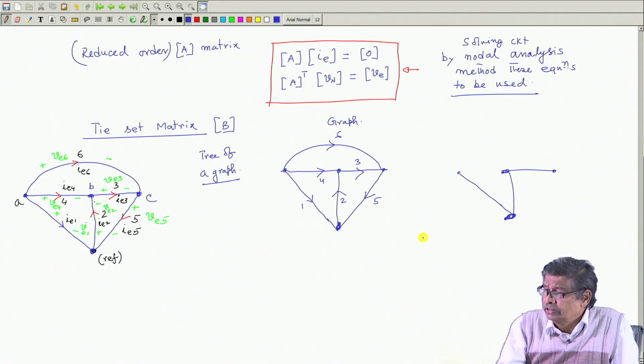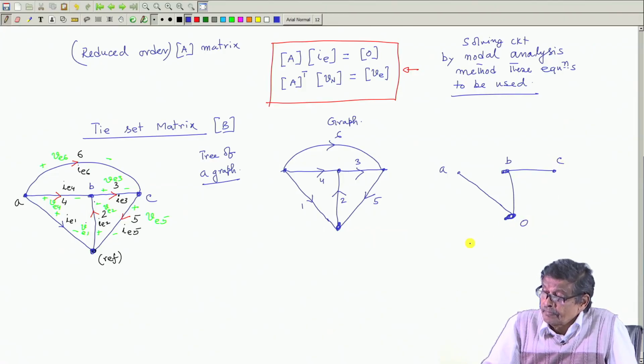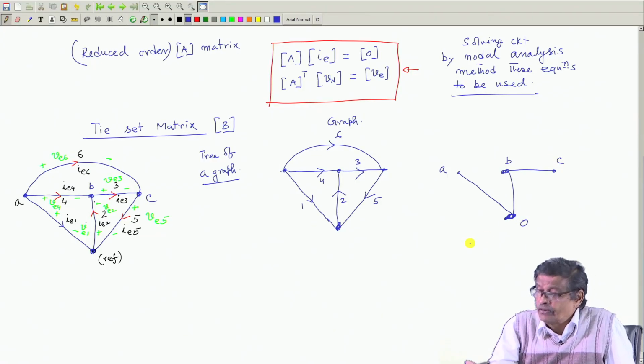So, all the branches I have not joined, same nodes are there A, B, C and this is O. Now, this will be called a tree of the graph. Tree of a graph is a structure like this, where all the nodes will be present and there will be no closed path.